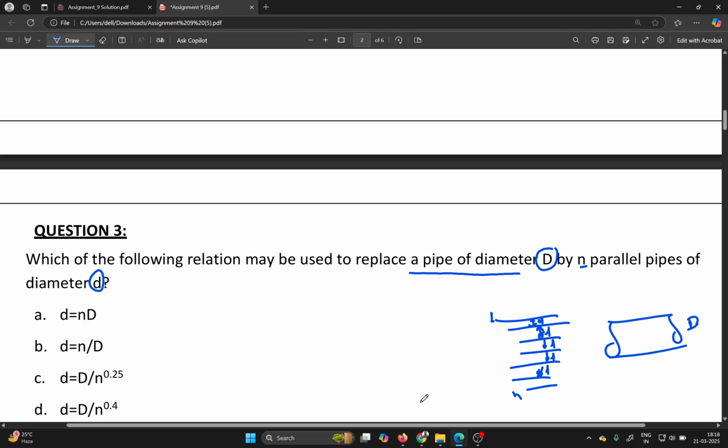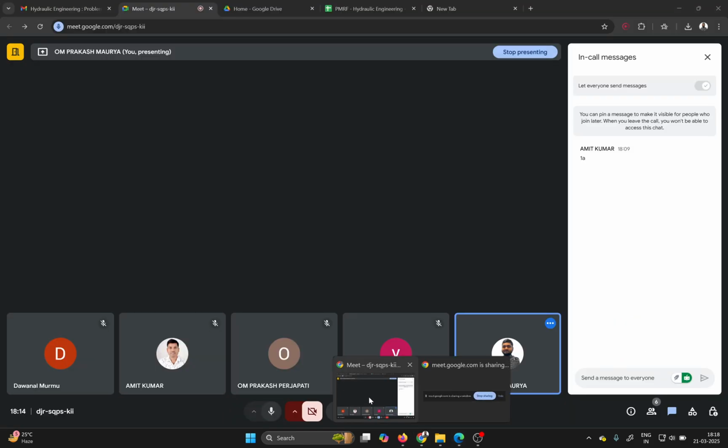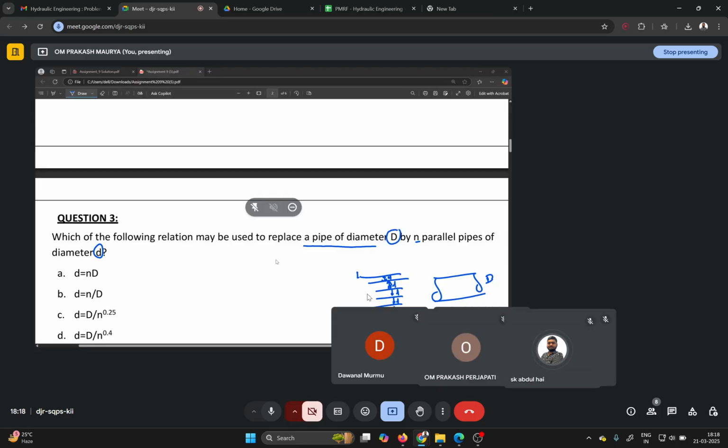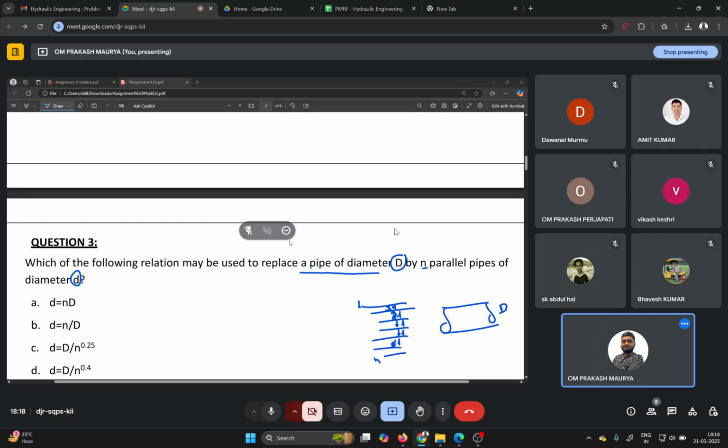You know Darcy's Weisbach formula already. So everyone please try to solve. Everyone please try to solve question number 3. Option A, D is equal to N capital D. Small d is option B, small d is equal to N by D capital. Option C, small d is equal to capital D divided by N raised to 0.25.